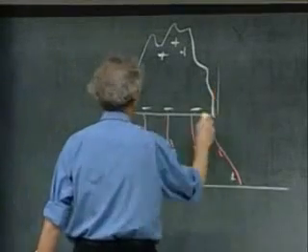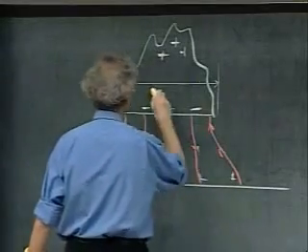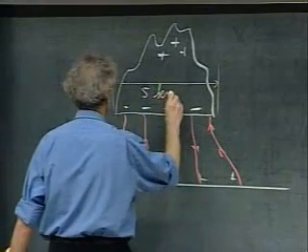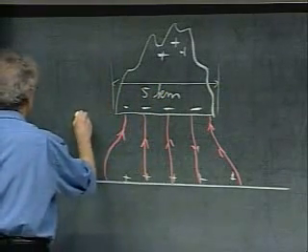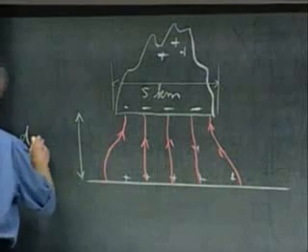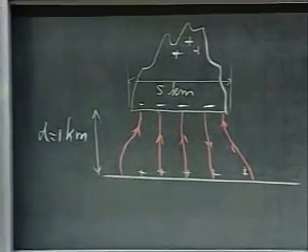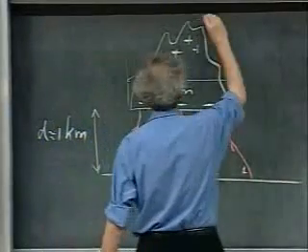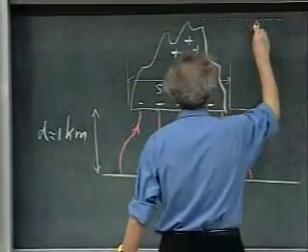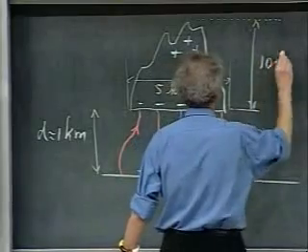This may be something like 5 kilometers. This vertical distance, d, is about 1 kilometer. These are typical numbers, of course. It can vary enormously from thunderstorm to thunderstorm. And this height is something typically like 10 kilometers.